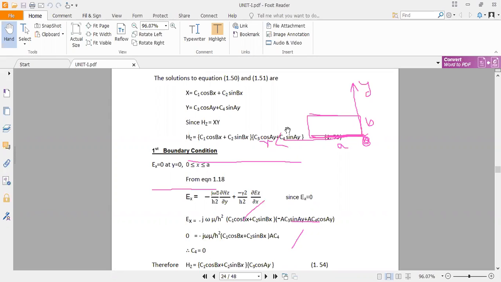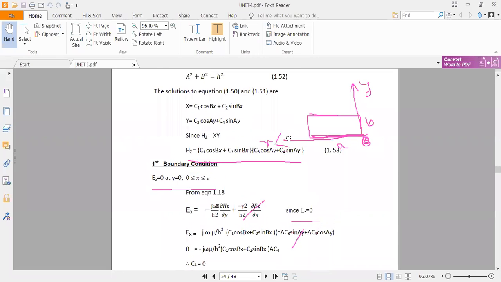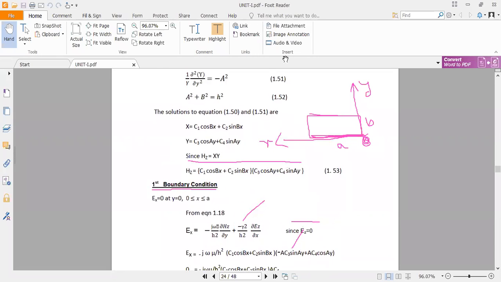If you substitute C4 equal to 0, this term gets cancelled. I'll erase things to show you. So what is the leftover? Hz is equal to C1 cos bx plus C2 sin bx into C3 cos ay. These are the terms we are going to get. That's what we have.